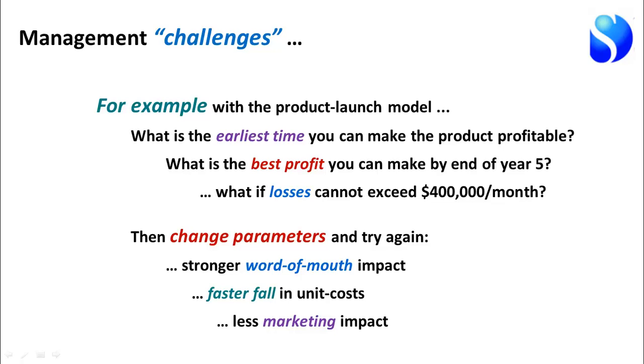See what difference it makes if you've got a stronger word of mouth effect, or a faster fall in unit costs, or what if marketing isn't quite as effective as it is in the base case. And you could go on all day playing around with different ideas of that kind with any one of these games, or any of the games or models you already use.